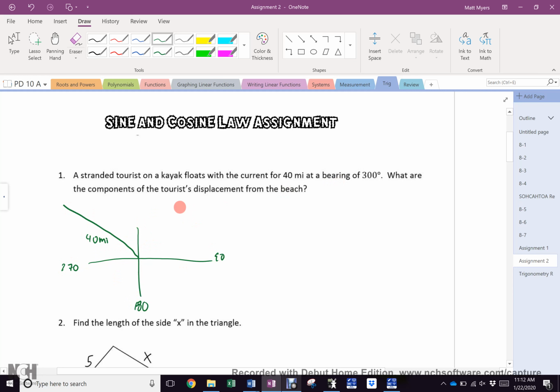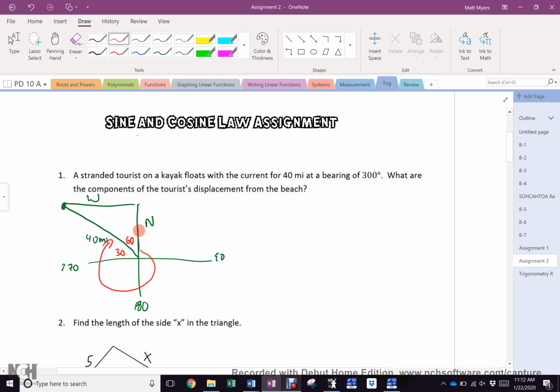What are the components of the tourist displacement from the beach? Well, that would be right there, right? So I went north and west. How far each of them? Well, if this is 270 and I went 300, this must be 30, so this must be 60.